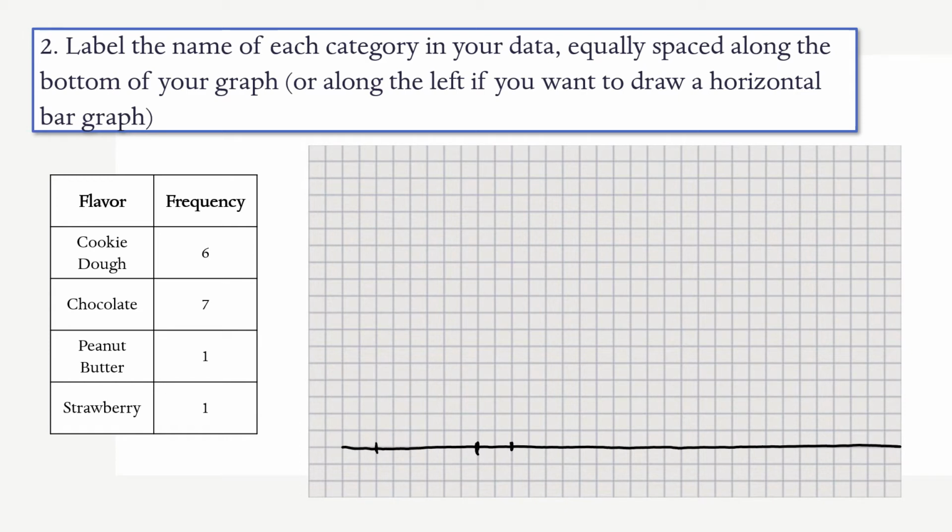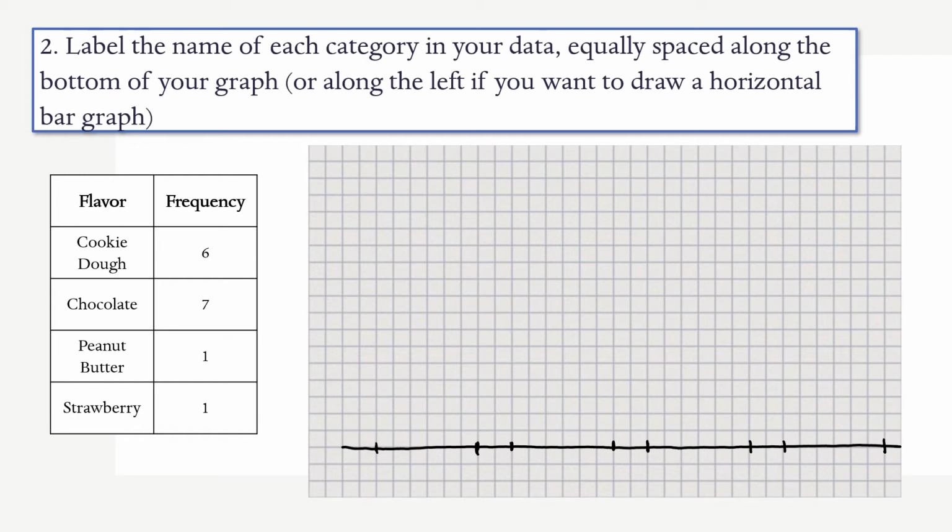I'm going to make a little gap so there's space between my future bars. And then 1, 2, 3, 4, 5, 6 boxes, little gap, 6 boxes, little gap, and then 6 more boxes.